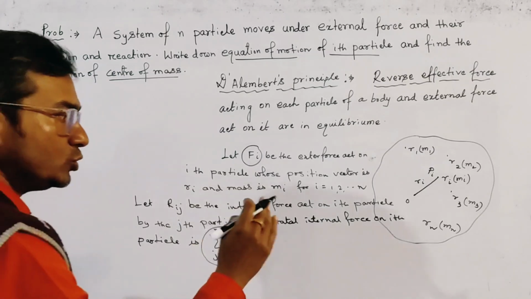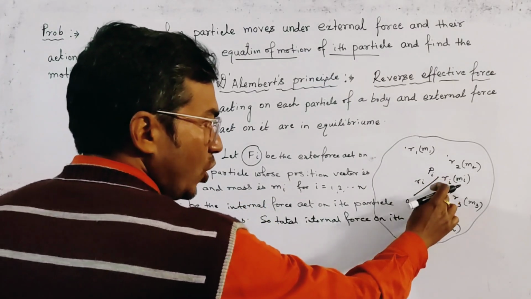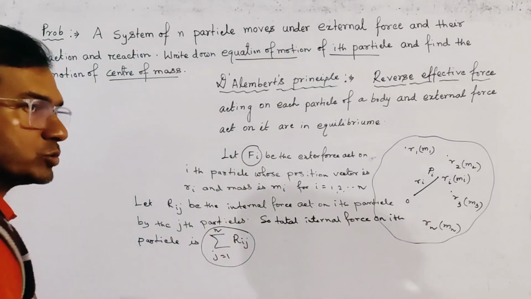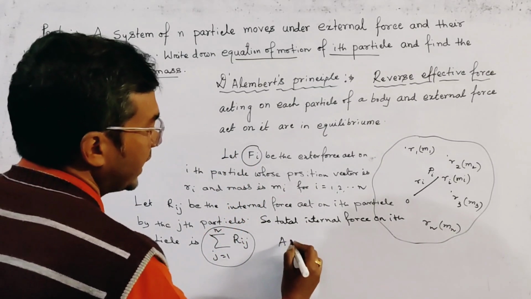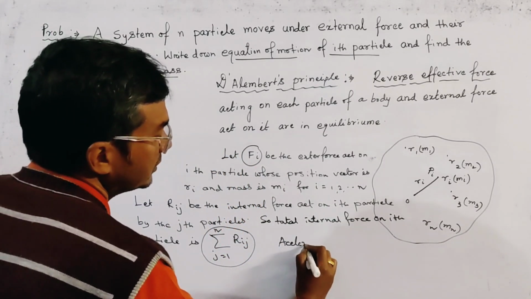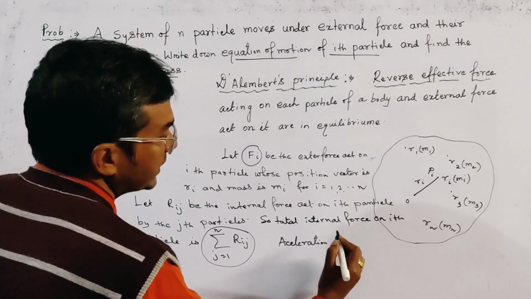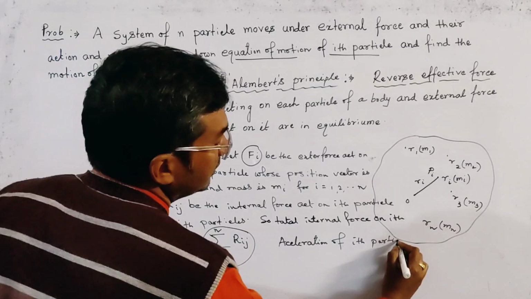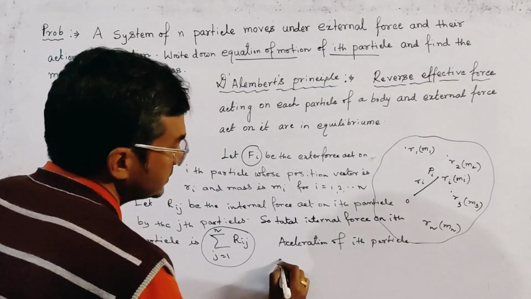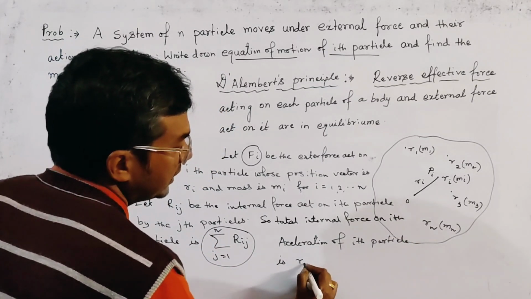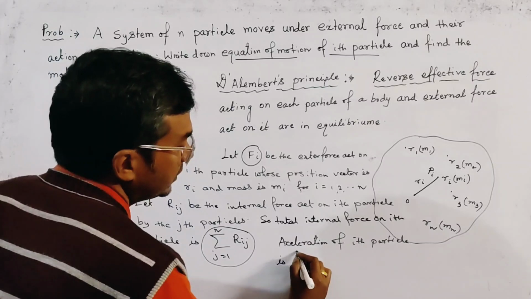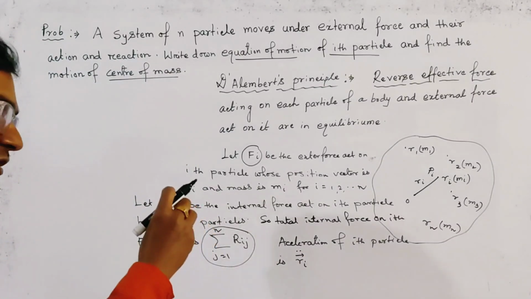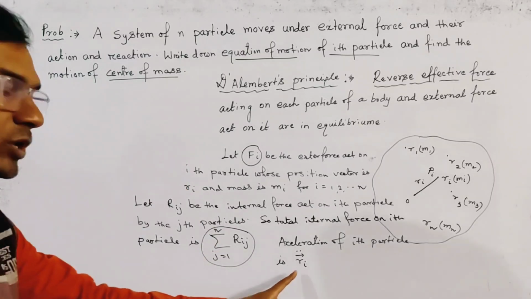We know that the acceleration of the ith particle is given by Ri vector double dot, obtained by differentiating the Ri vector with respect to t two times.